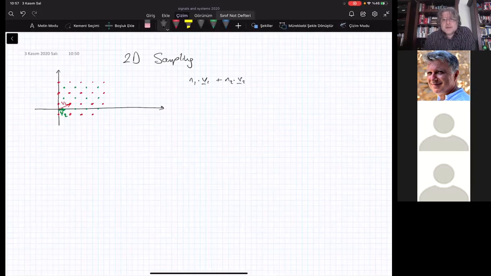Normally, in one-dimensional signals, we had N times T, capital T, which corresponds to every point on the one-dimensional function. But now we don't have N times capital T. We have, first of all, two integer scales that multiply the period, and we have two periodic vectors. Two vectors must be defined.